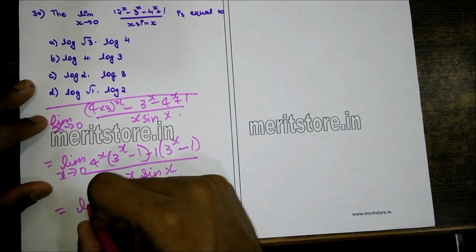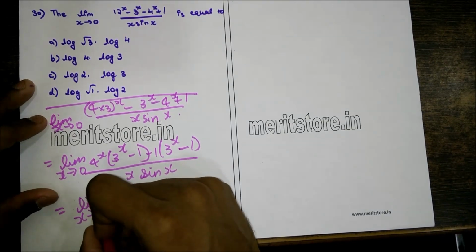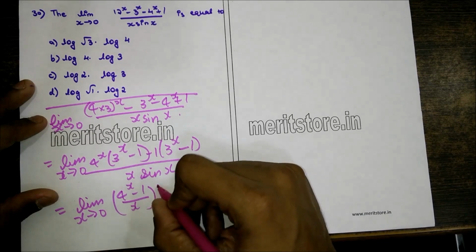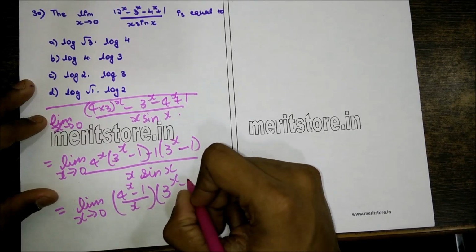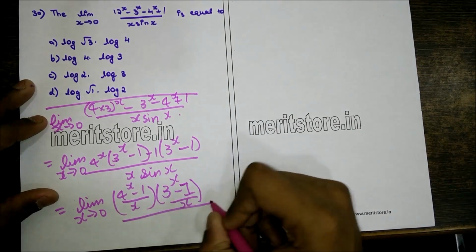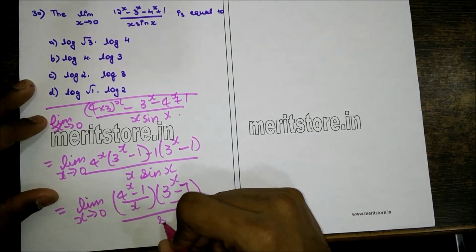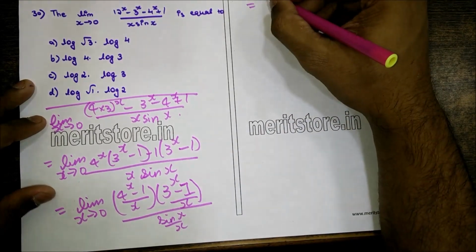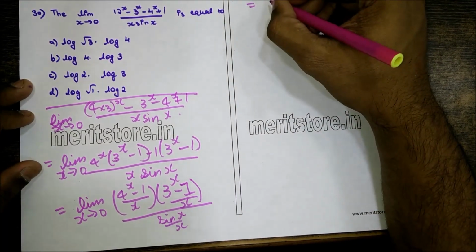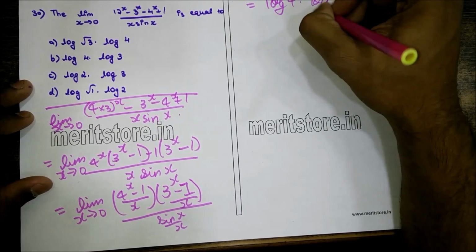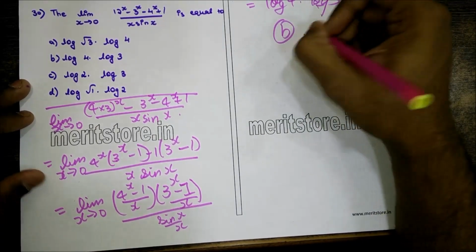That gives us limit of x tends to 0, (4 raised to x minus 1) by x into (3 raised to x minus 1) by x upon sine of x by x, which gives us, on applying the limit of x tends to 0, log of 4 into log 3, which is option B.